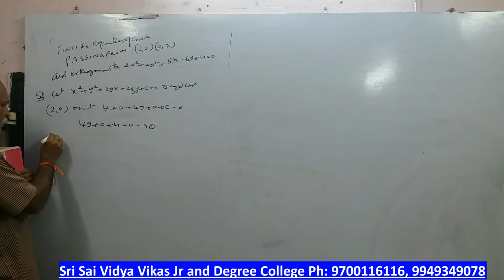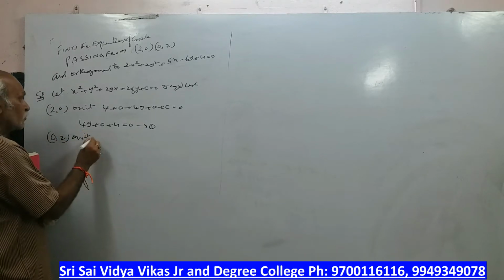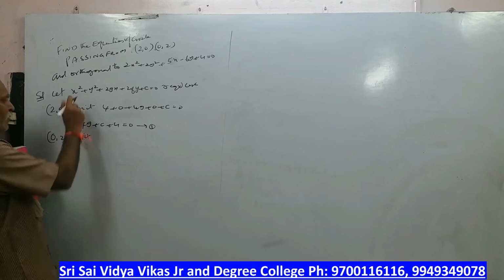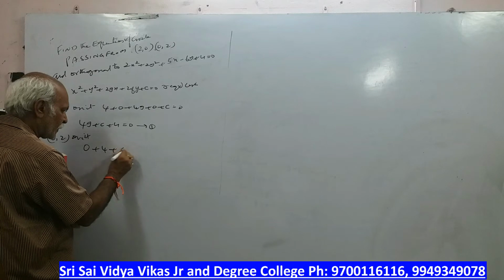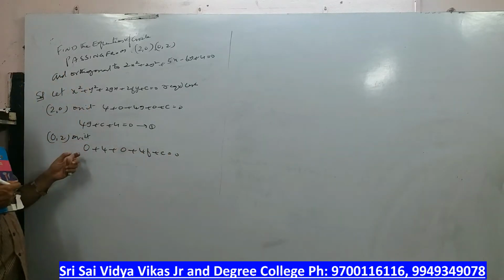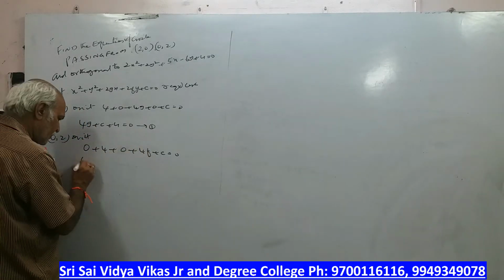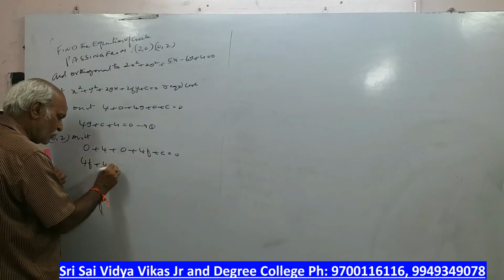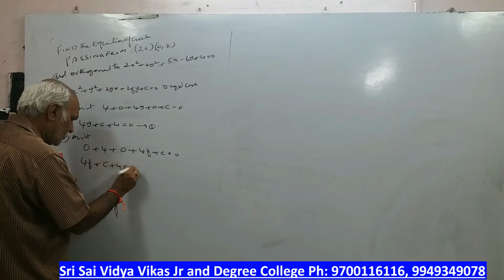What is the second point? 0 comma 2 is on it. So x is 0, y is 2. 0 plus 4 plus 0 plus 4f plus c is equal to 0. So we are getting this equation: 4f plus 4 plus c is equal to 0. Second equation.